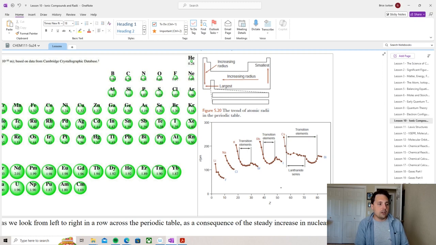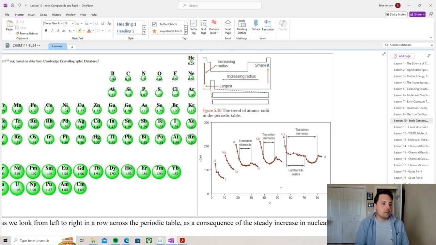So the noble gases aren't included on this data, and that's probably because noble gases are difficult to get crystallographic data for. So perhaps these values were estimated. But nonetheless, we can still see that trend where it drops very consistently.